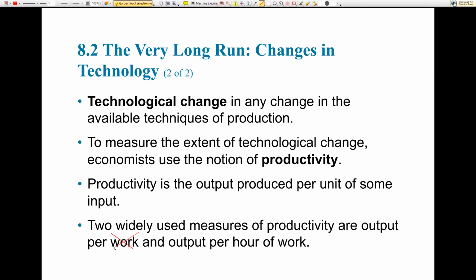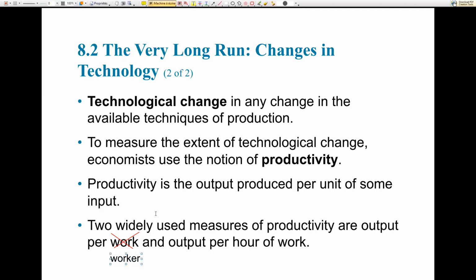It's not output per work, output per worker. And output per hour of work. Yeah. Output per units of work done, it's mostly the same, I would say.